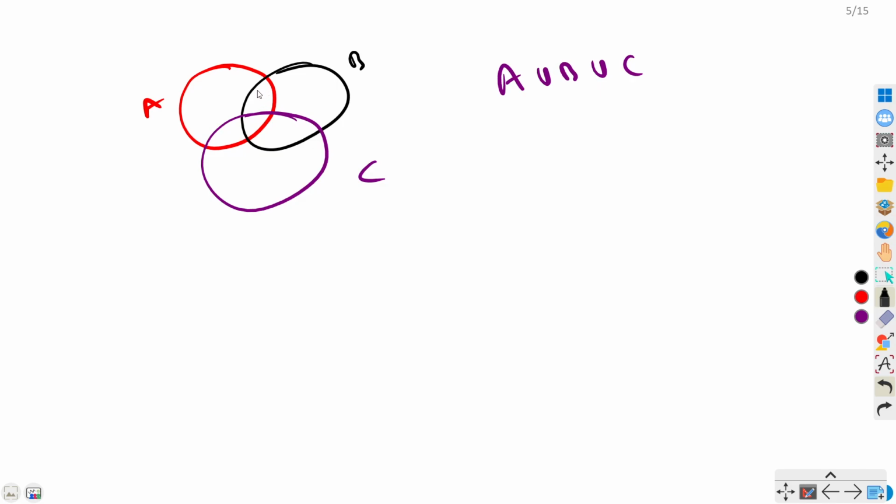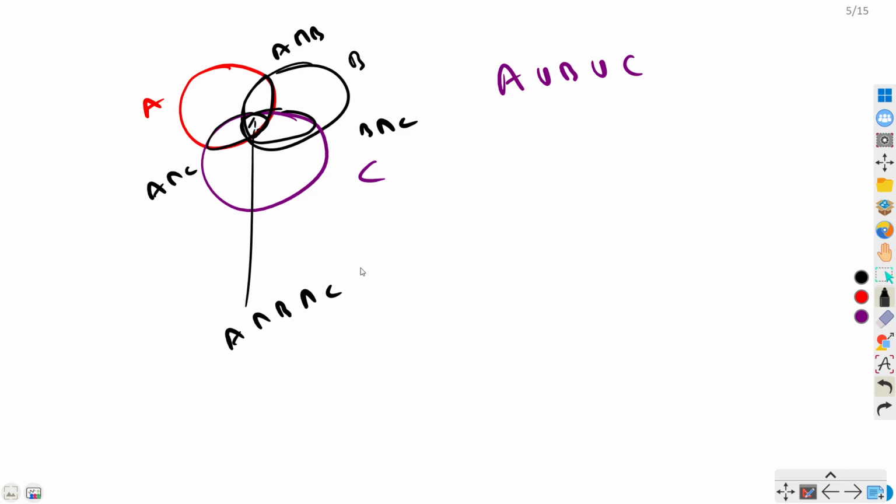This portion will be known as A intersection B. For A and C, this portion will be A intersection C. For B and C, this portion is B intersection C. Now one portion is also common in all three. This would be known as A intersection B intersection C.